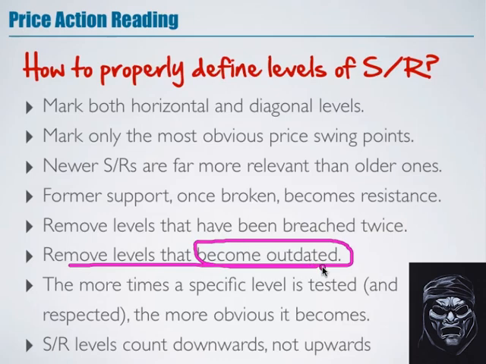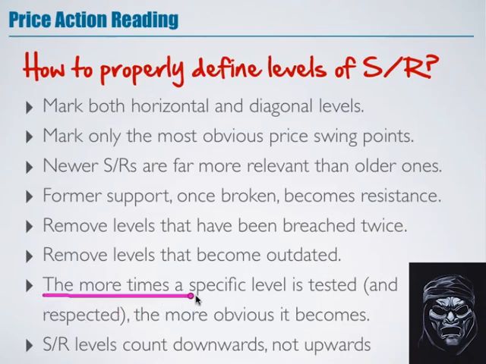And if it has indeed become outdated, then check the longer time frames to confirm whether that level is still significant in the longer time frames. If it is, change the color. If it's not, delete it altogether. Also, very important, the more times a price level tests one specific level of support and resistance, the more obvious it becomes to the market as a whole, and therefore the more important, the more relevant, and therefore the greater the trading impact that level will have once price touches that level the next time.